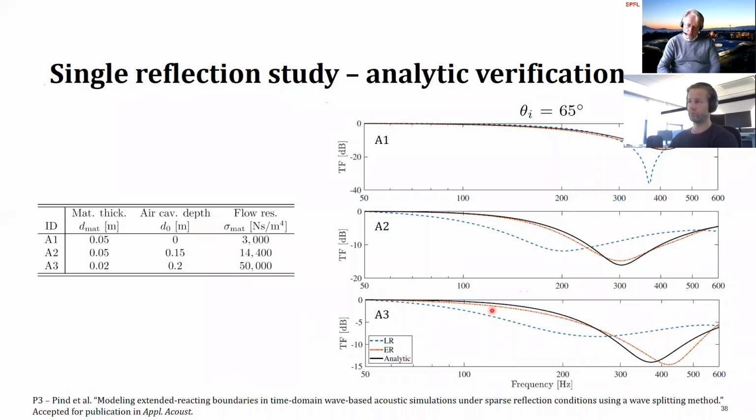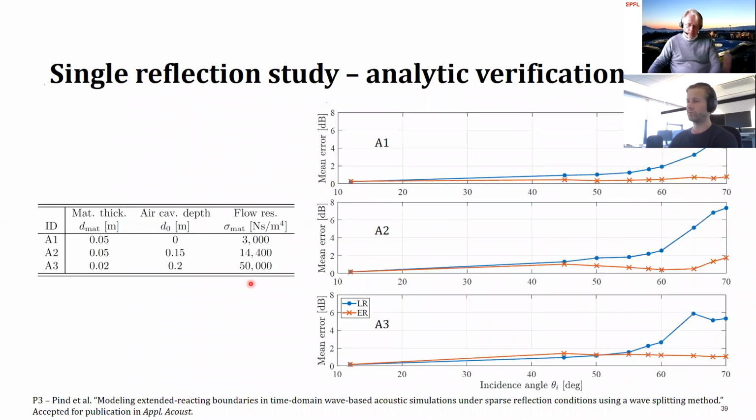This is because A3 has the strongest extended reaction behavior, where it varies most sharply with incidence angle, and the wave splitting technique that we've employed is somewhat approximate, so it introduces some errors in the angle detection. So this is what explains these small differences here. But nevertheless, obviously a better match than the local reaction approach.